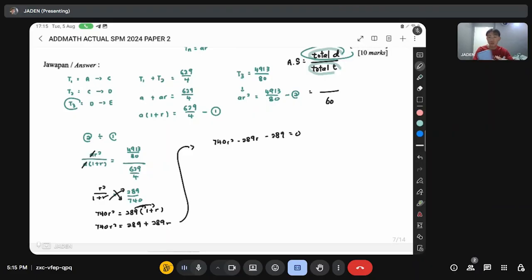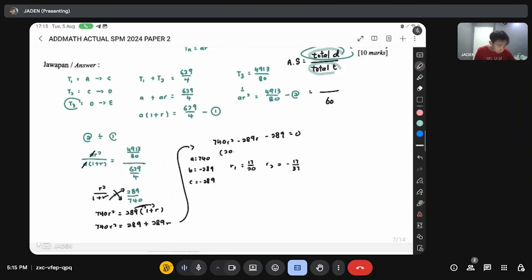Okay, and then you're going to use your calculator to key in your a, b, and c values: 740, negative 289, negative 289. You're going to get two r answers here. The first r is 17 over 20. The second r is negative 17 over 37.